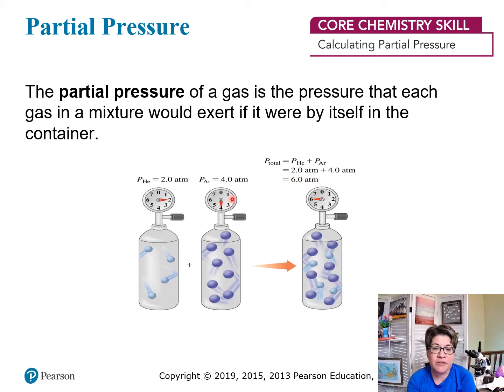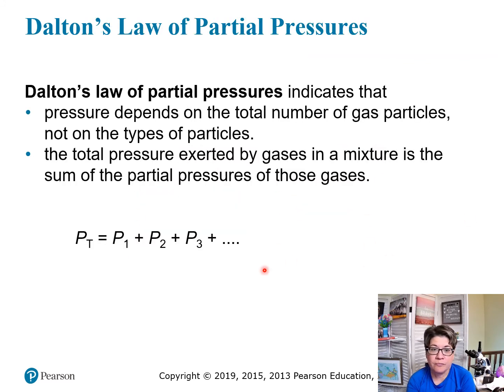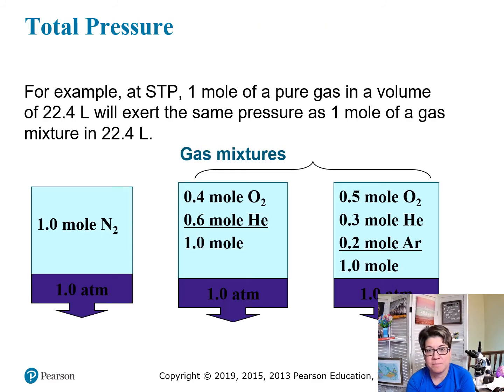So if you were to separate them, they would be like the sum of whatever this was. So here's what that looks like in a formula. The total pressure is each of the partial pressures added together. So it's the total of all the partial pressures. That is your total pressure by all the gases in your container, mixed together. Not bonded, but mixed together.